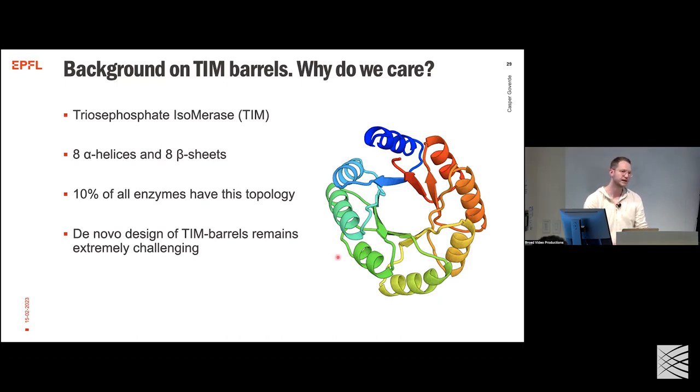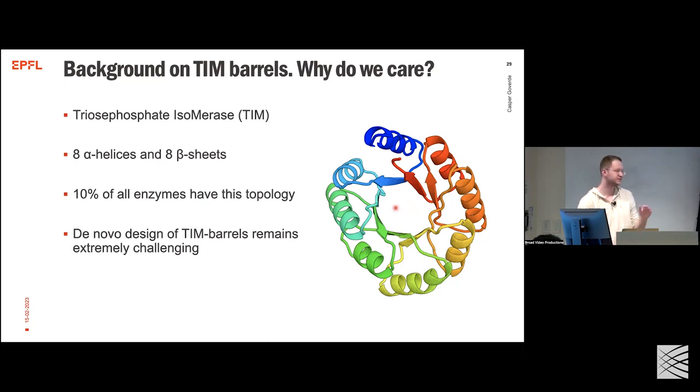But there's something very interesting about this topology: 10% of enzymes have this topology. So there's something about it that makes it a very good enzyme, which most likely is that it has a nice pocket on the inside where it can perform all kinds of biochemical reactions, or it can evolve to perform these biochemical reactions.